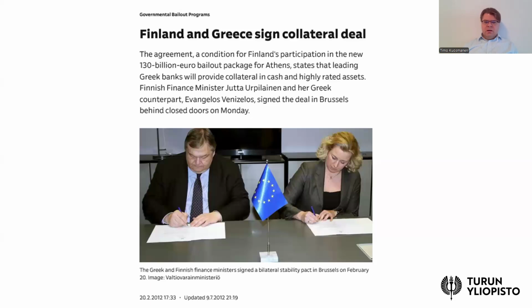But this was a very unusual arrangement, and perhaps not necessarily good for the reputation of the Finnish government, but it was a political necessity, because otherwise the Finnish government would probably fail, and they wouldn't be able to participate in the bailout.